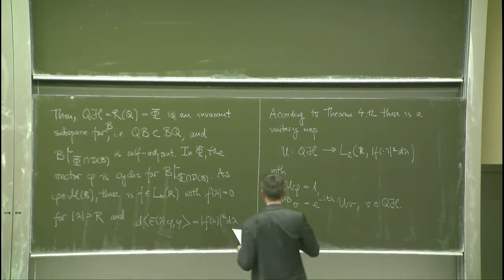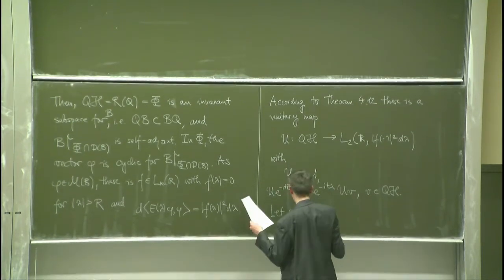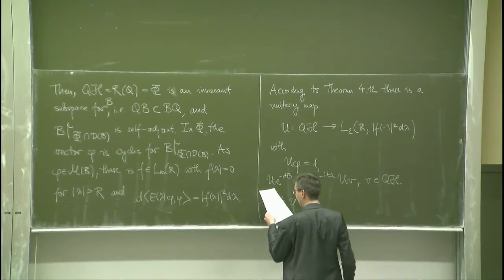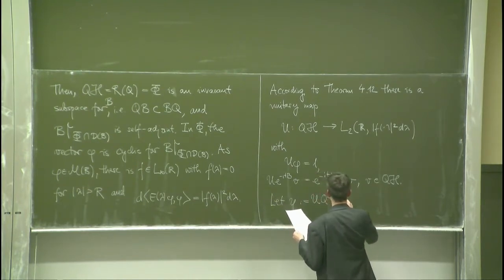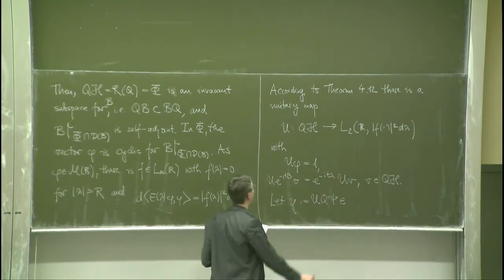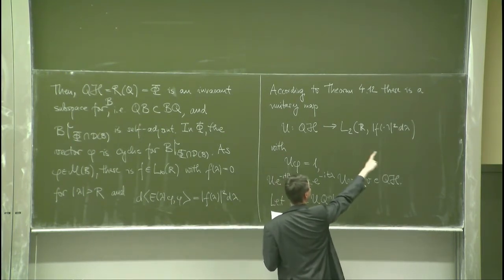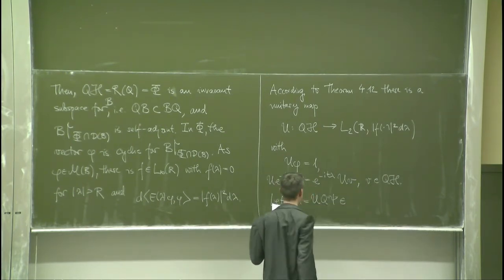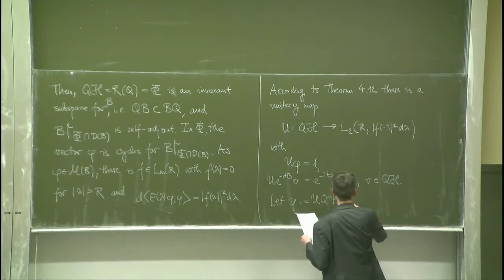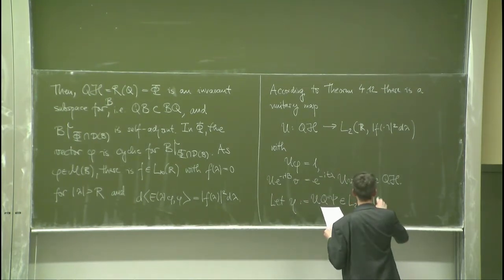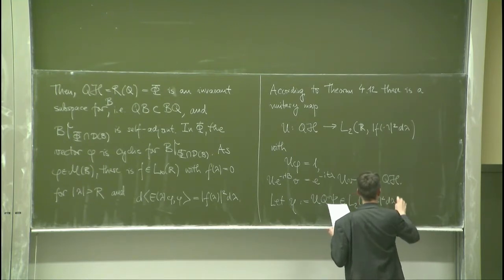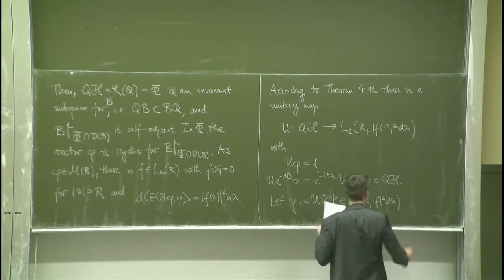Now we let the function eta be defined by U Q psi, which is then in L2 of R with the measure f of lambda to the power of 2 d lambda, as the map has the range L2 with this measure.